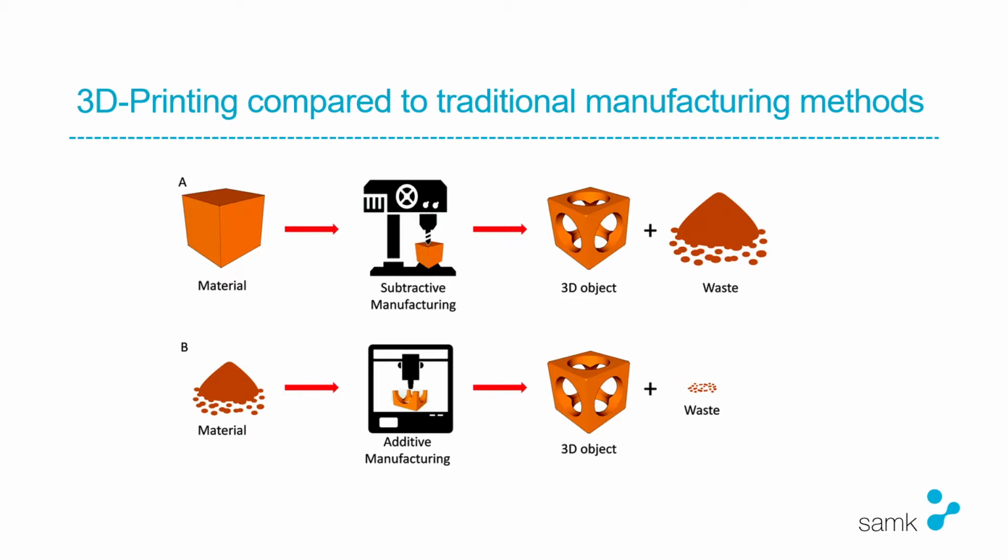And in some cases, in the additive manufacturing process, the waste that is created when you 3D print an object can be reused. There's a possibility to recycle the waste. For example, when using plastic extrusion, you can recycle the waste that has been created. Basically, you will only get waste when you use supports in your prints. So that creates the only waste in plastic extrusion.